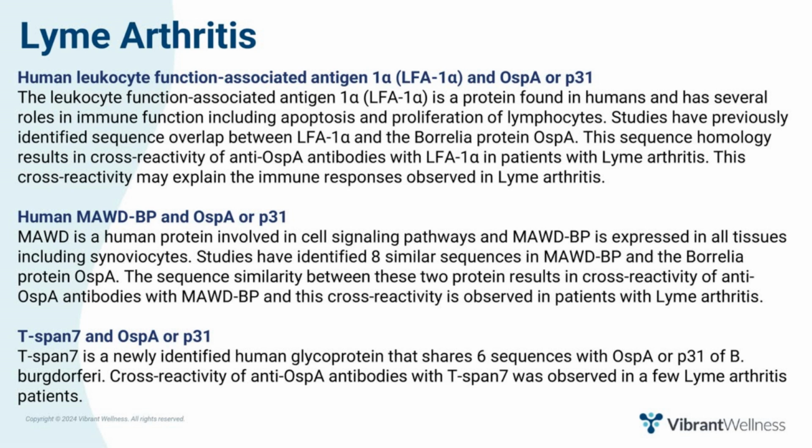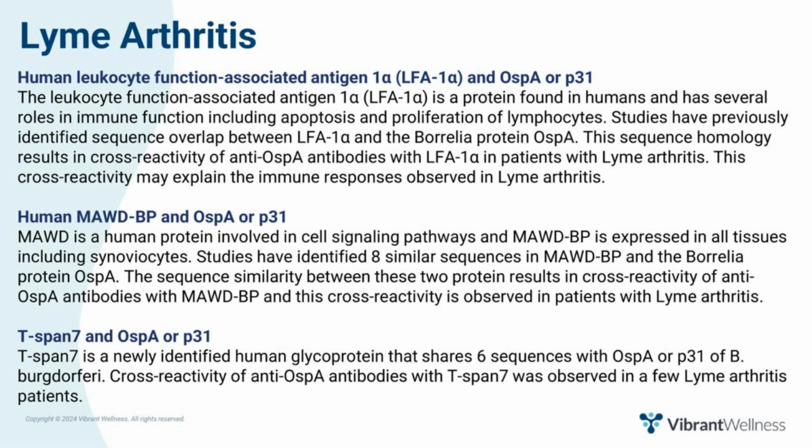But just know that within Lyme arthritis, there are several different peptides that are going to have cross-reactivity with different antigens from the spirochete, particularly OspA or band 31. Band 31 has high amounts of cross-reactivity into the world of autoimmunity, and we've known that for a long time.